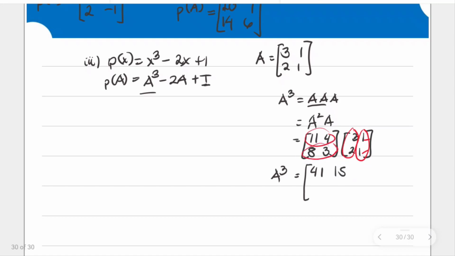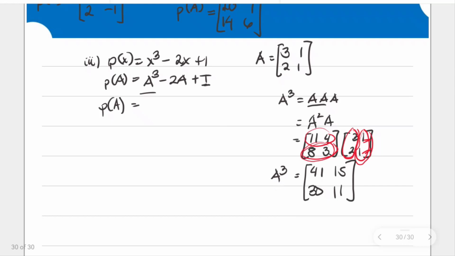Next, this row, 8, 3 times this column. 8 times 3 is 24. 3 times 2 is 6. 24 plus 6, you will have 30. And finally, this same row to this last column, and again they are 1, so 8 plus 3, you will have a result of 11. This is our matrix to be substituted here.